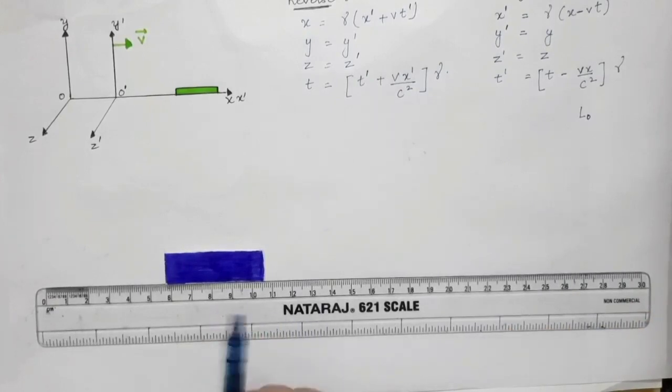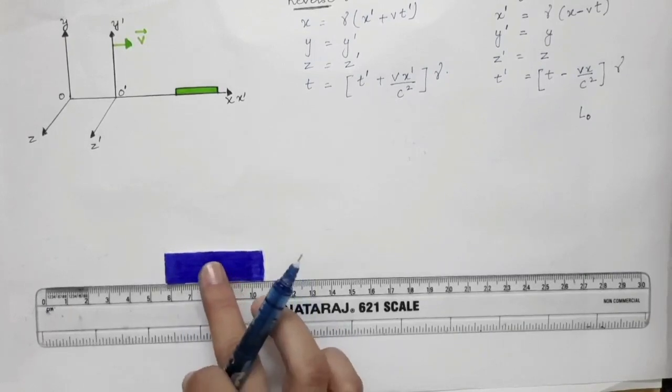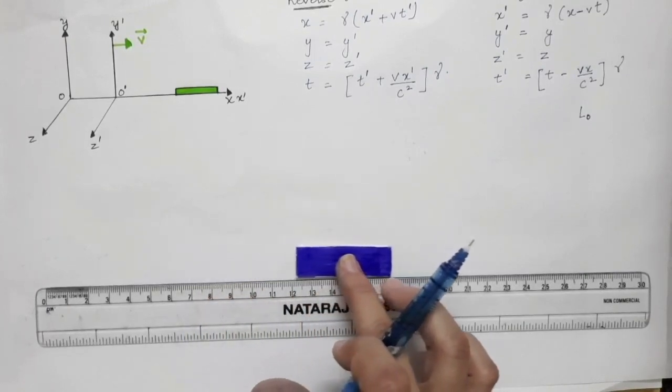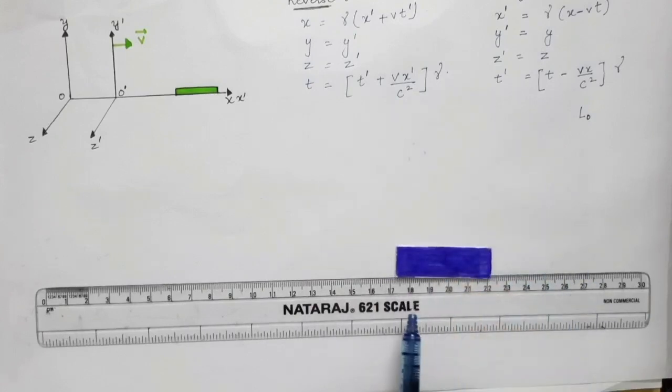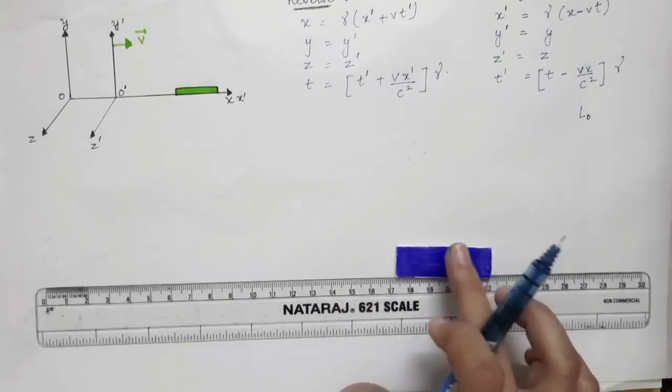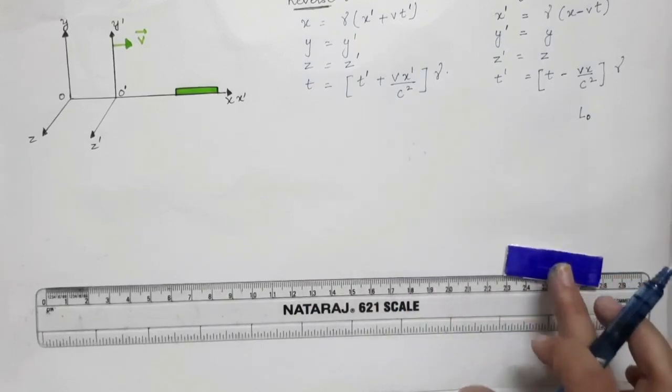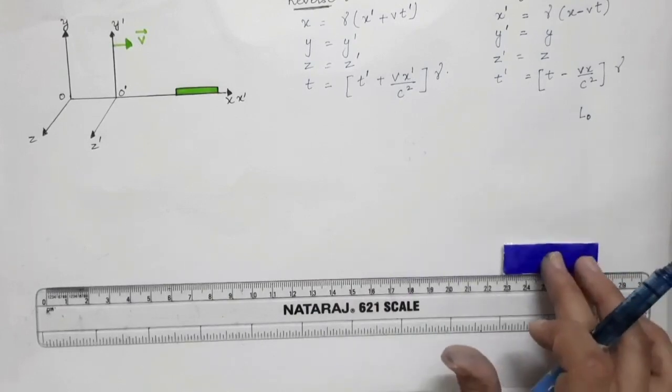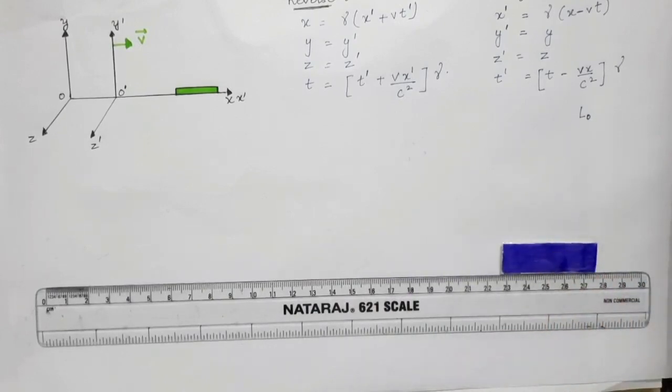So if the proper length of this object is 5 centimeters, and it starts moving with a certain velocity, you see that its length is 5 centimeters only when it is moving. So this length contraction is not observed in the non-relativistic region.